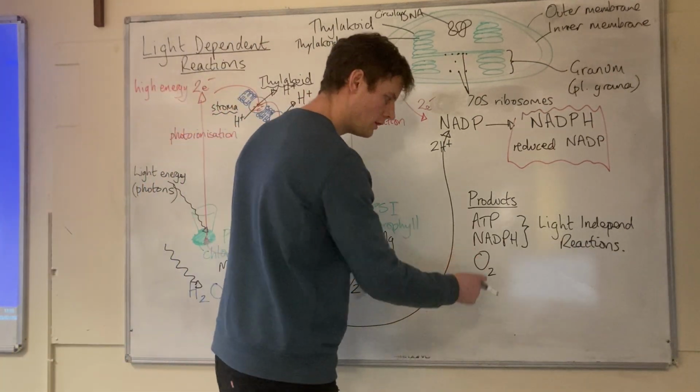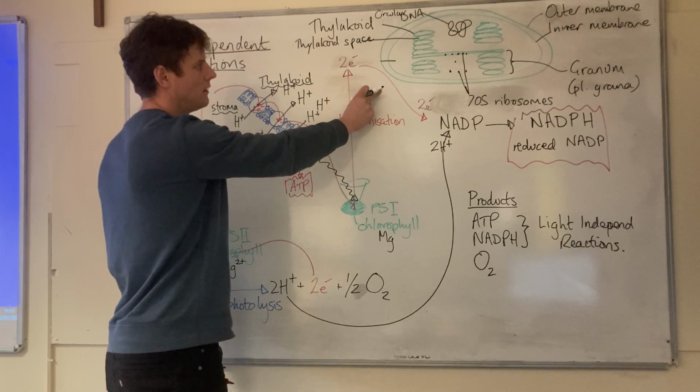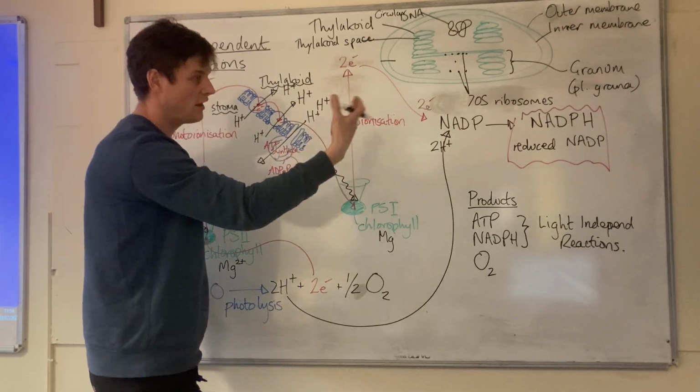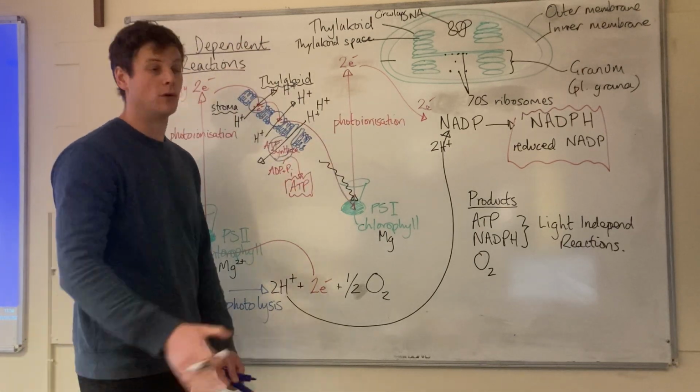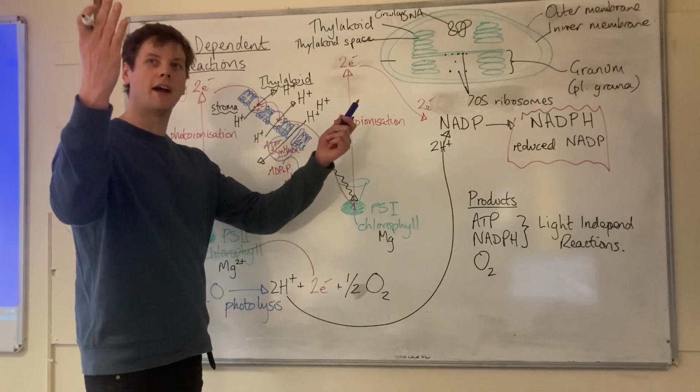The oxygen, well, it diffuses out of the chloroplast. Perhaps some of it might be used in respiration. If not, it will diffuse out of the cell, out through the stomata, and into the atmosphere.